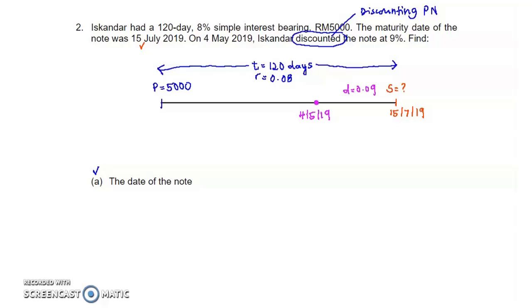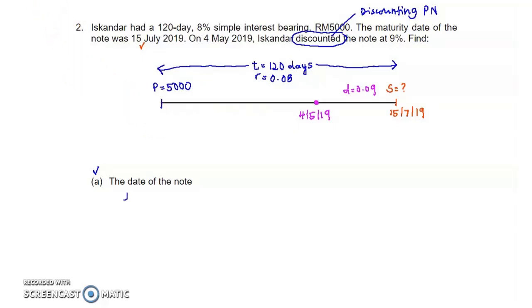Okay, find the date of the note. We know that the term of the note is 120 days. So when is the date of the note? Now we need to work backward. From 15 July, if we work backward 120 days, when is the date?